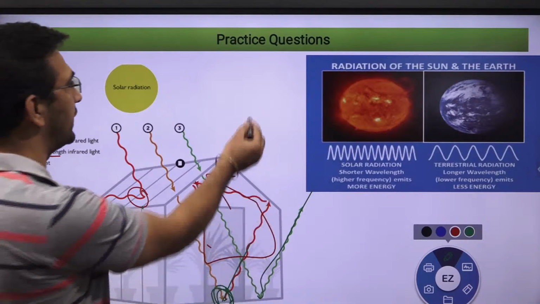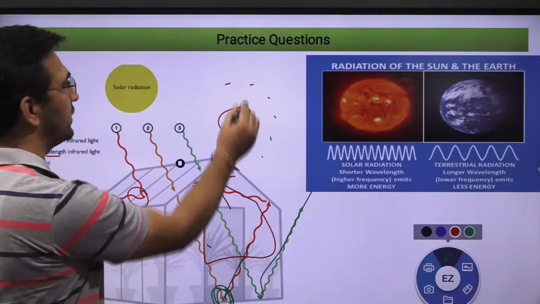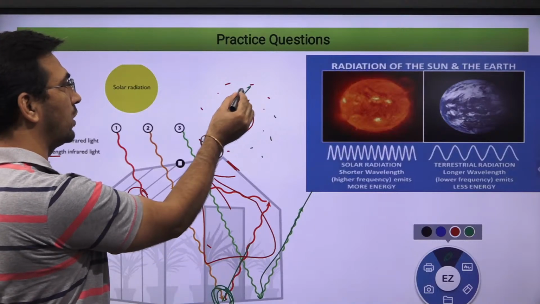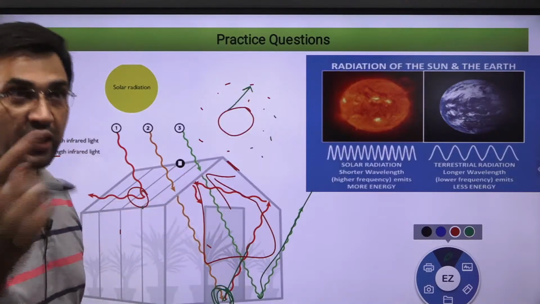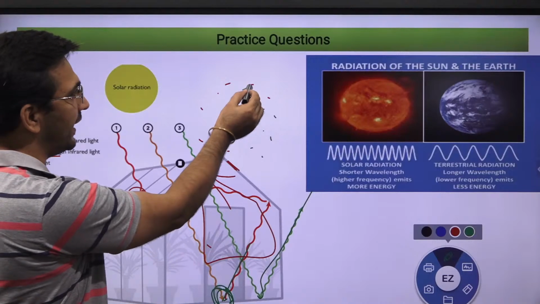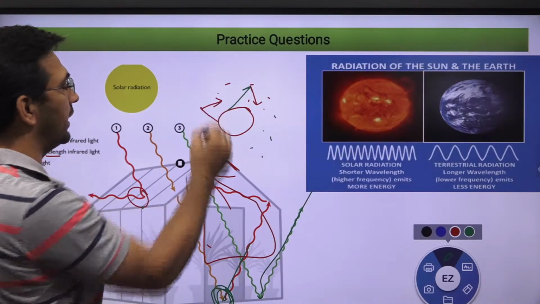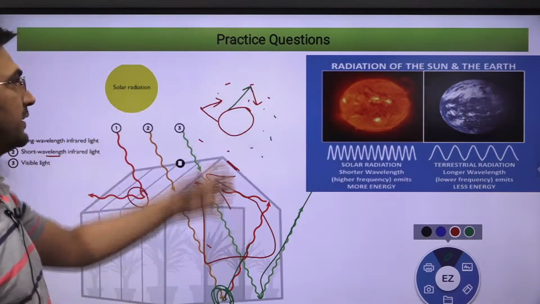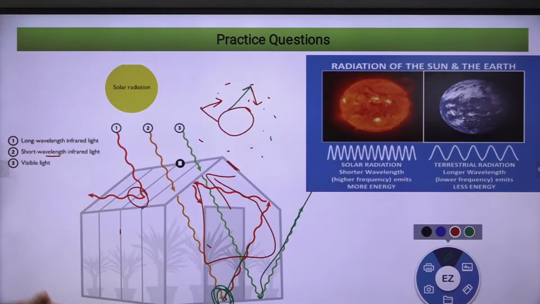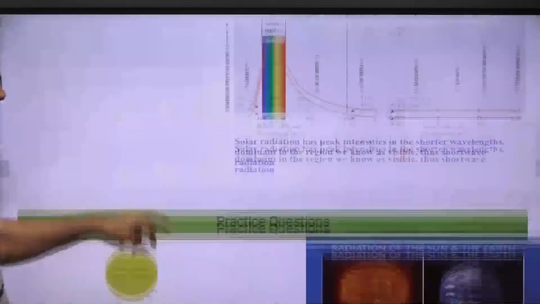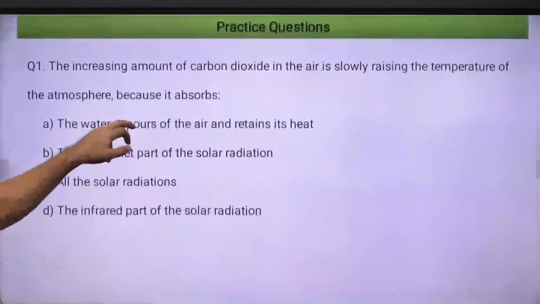Same is the situation with the greenhouse gases which are surrounding the Earth's atmosphere. Re-radiated long wave radiations, infrared radiations, basically they are reflected back. So this way our atmosphere's overall temperature increases as we have more greenhouse gases in the environment, particularly carbon dioxide, which we are releasing in a huge amount.